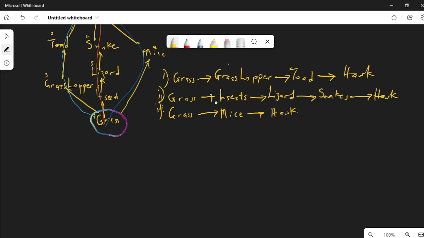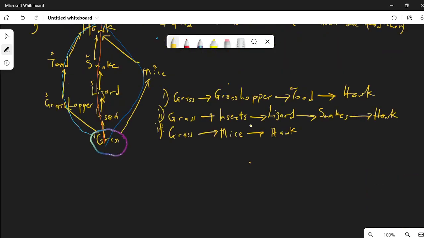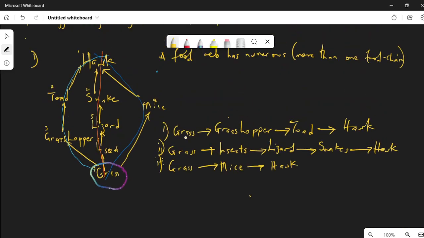Like I was saying, we have 3 food chains in this particular food web. The first one is grass to grasshopper to toad to hawk. The next one is grass to insects to lizard to snakes to hawk. And the third one is grass to mice to hawk.